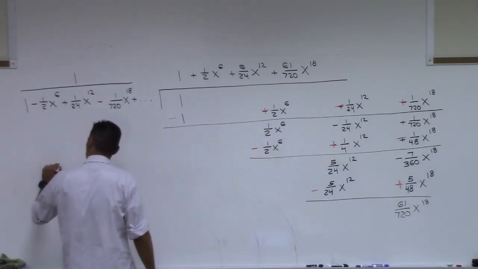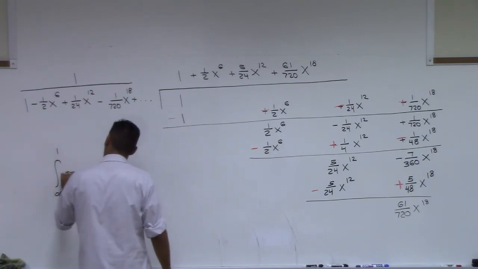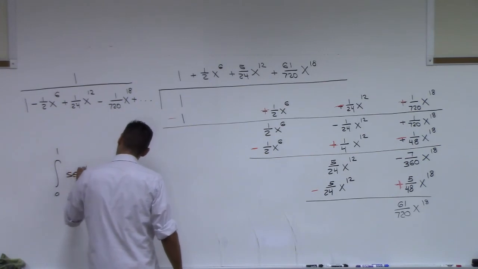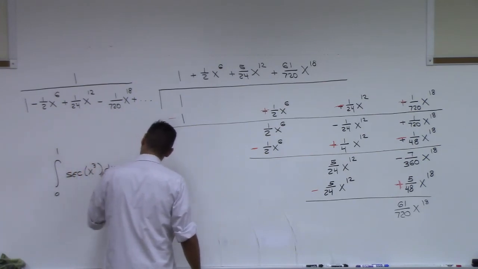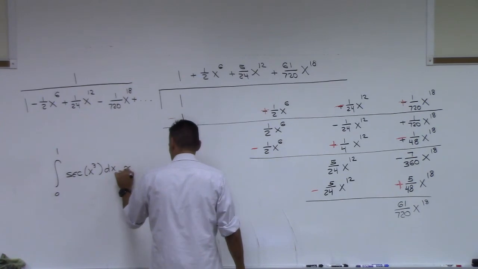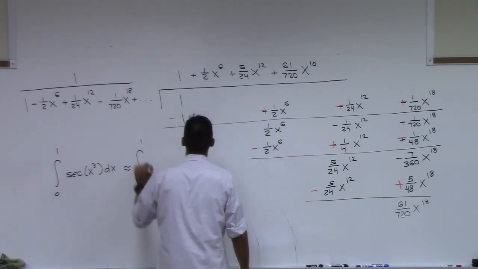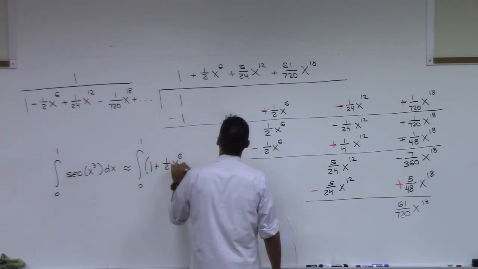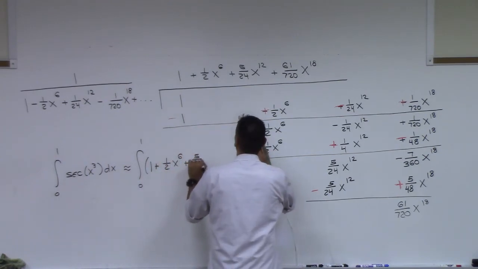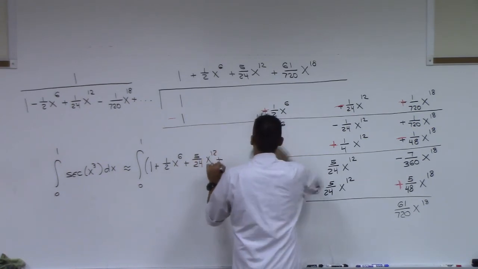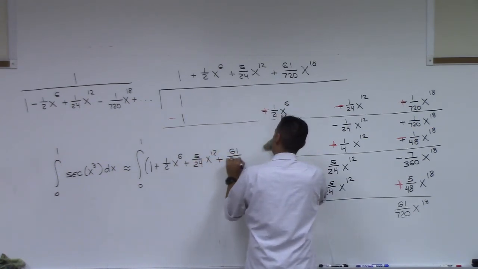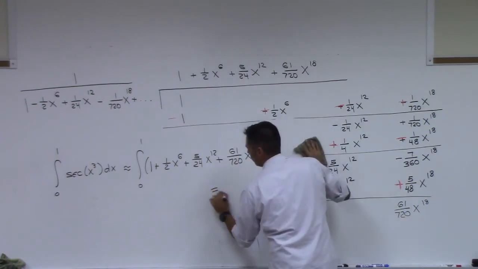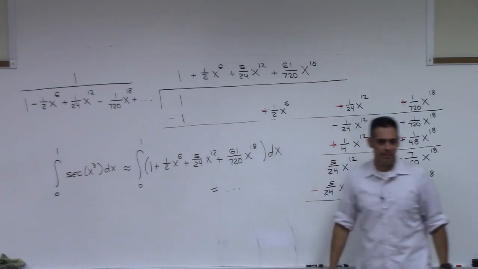So the integral from 0 to 1 of secant of x cubed dx is approximately the integral from 0 to 1 of 1 plus 1/2 x to the 6th plus 5/24 x to the 12th plus 61 over 720 x to the 18th dx, which equals... You could do the rest of that, right?